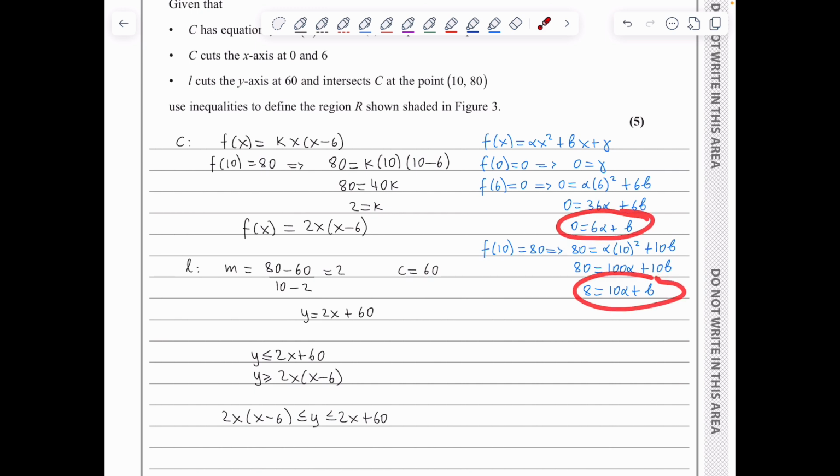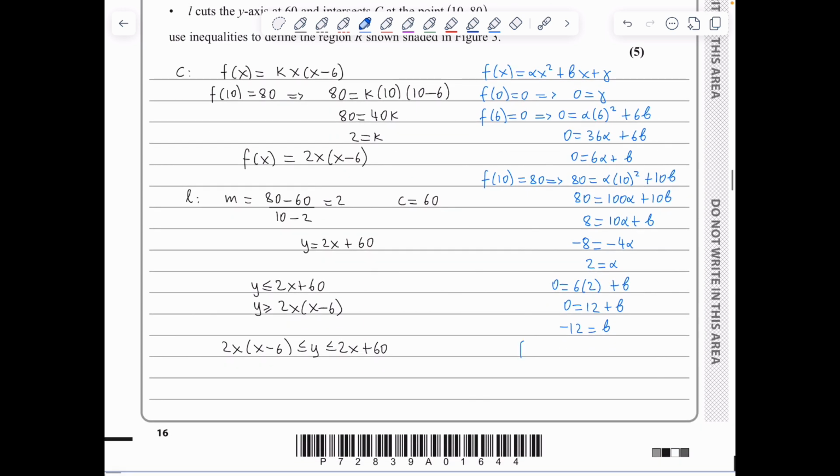So if I deduct one from the other, 0 minus 8 is negative 8, and 6 alpha minus 10 alpha is minus 4 alpha, and the beta vanishes. So we get that 2 is equal to alpha. So 0 is 6 times alpha plus beta, so 0 is 12 plus beta, which means that negative 12 is the value of beta.